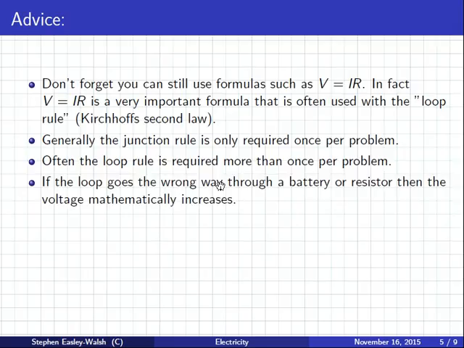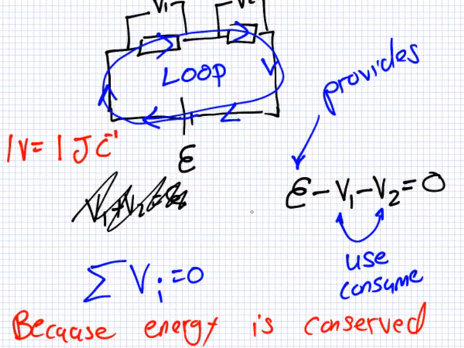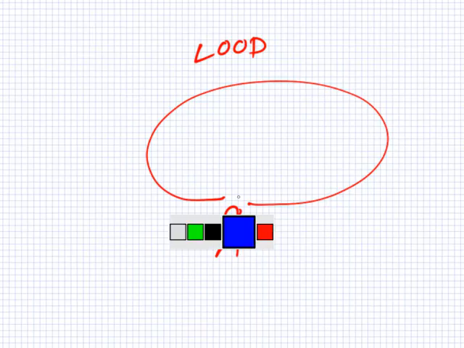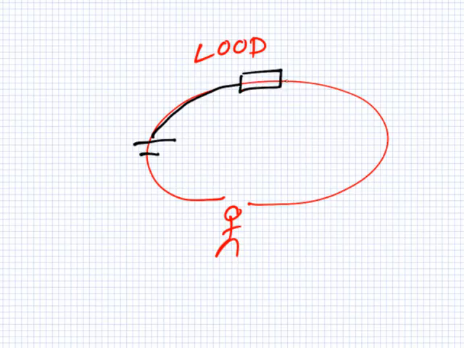If the loop goes the wrong way through a battery or a resistor, then the voltage sign changes. Let me draw what I mean. For example, here's my loop. I start here and loop around like this. Here is my battery and here is my resistor.